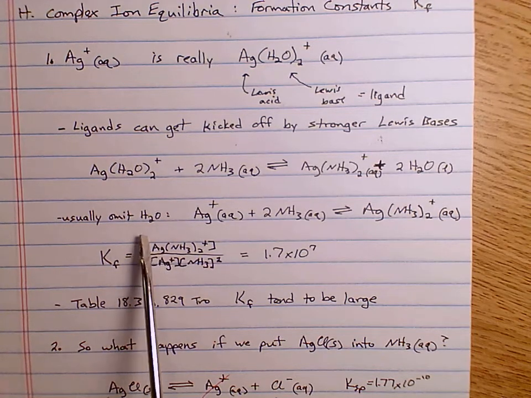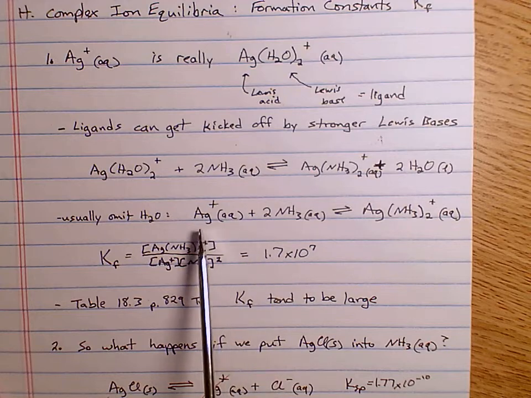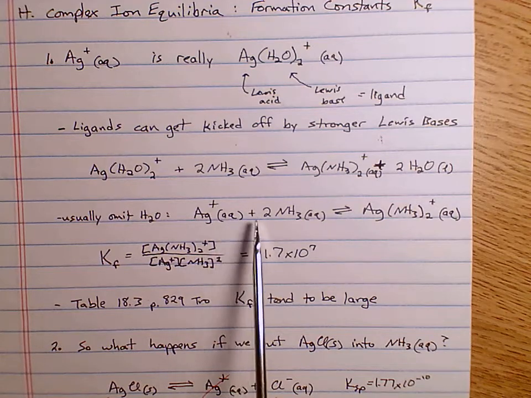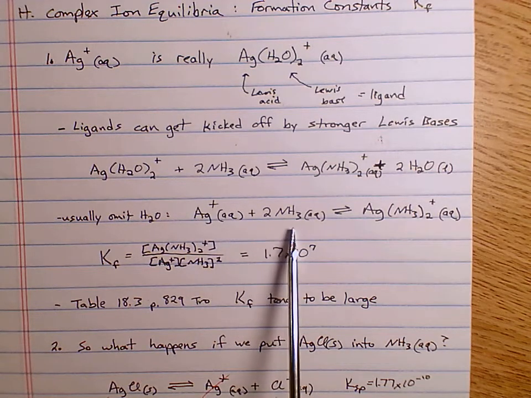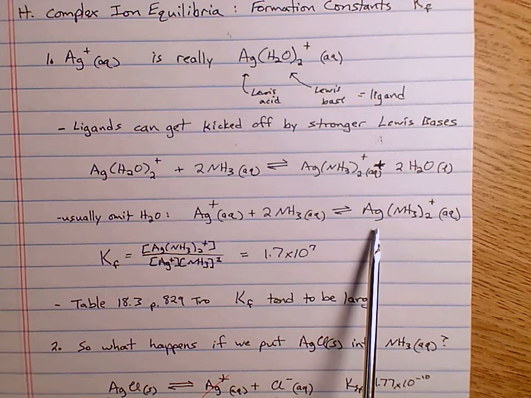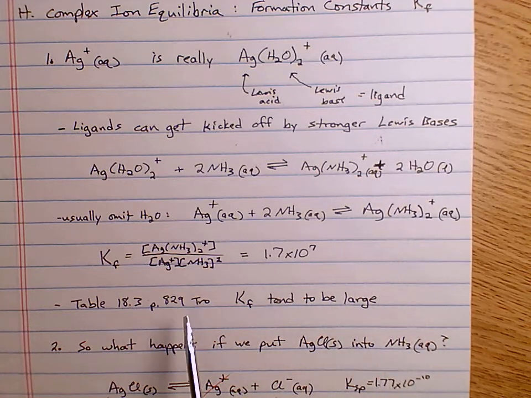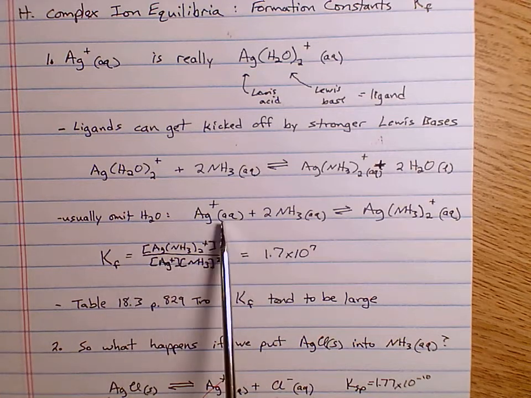We often omit it. So we'll probably write this as Ag+ aqueous plus 2NH3 aqueous in equilibrium with Ag(NH3)2+, our complex ion. And this is our reaction.